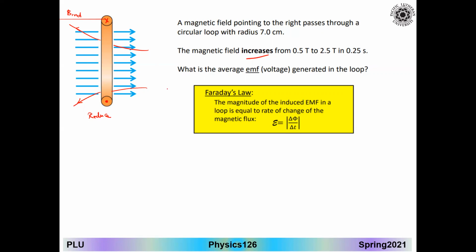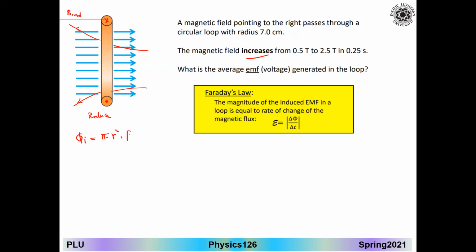Now we can calculate the flux in both situations: one with 0.5 Tesla and one with 2.5 Tesla. A quick reminder of the formula: phi initial is pi r squared, the area, times B initial, the magnetic field at the initial position.